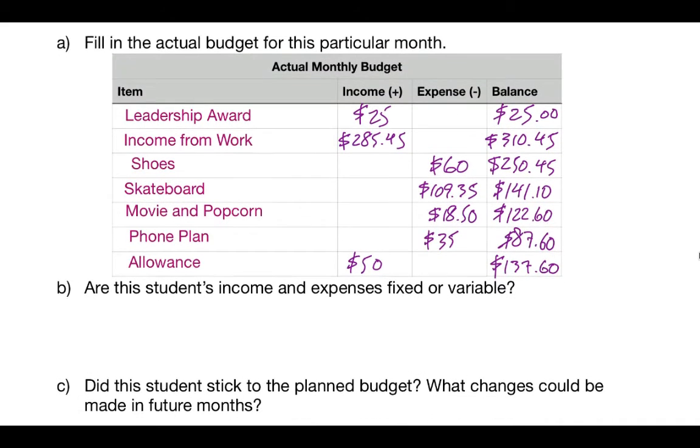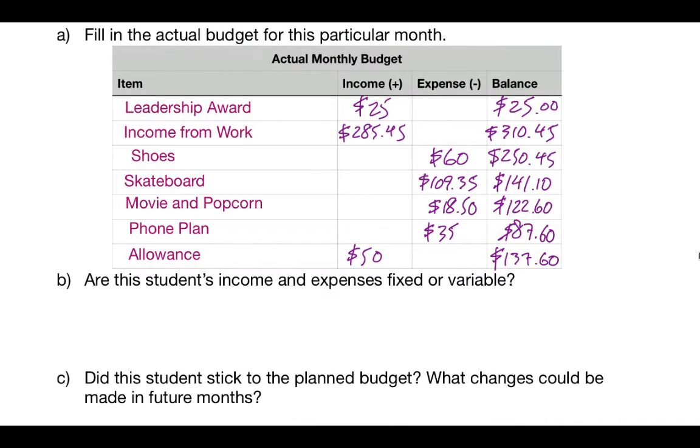So there's some follow-up questions here, so let's take a look. First question is, are the students' income and expenses fixed or variable? So first of all, the only income that is fixed is the allowance at $50. Okay, all the other income was variable.